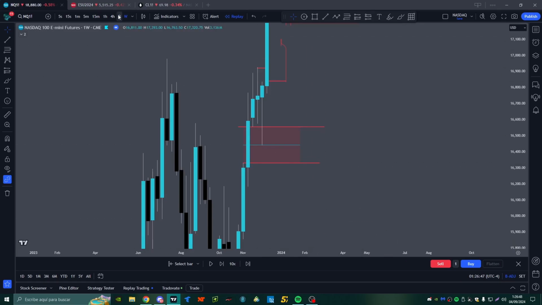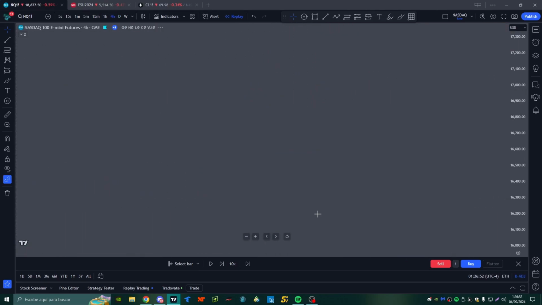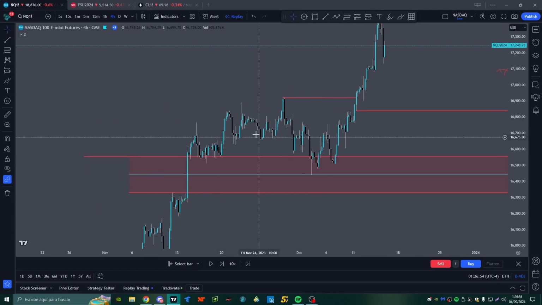So once the price is performing this price action, all of this, and the structure shifts downward, that's when on the 1st of December I indicated that this is the target. And this already happened the next week, December 4th.